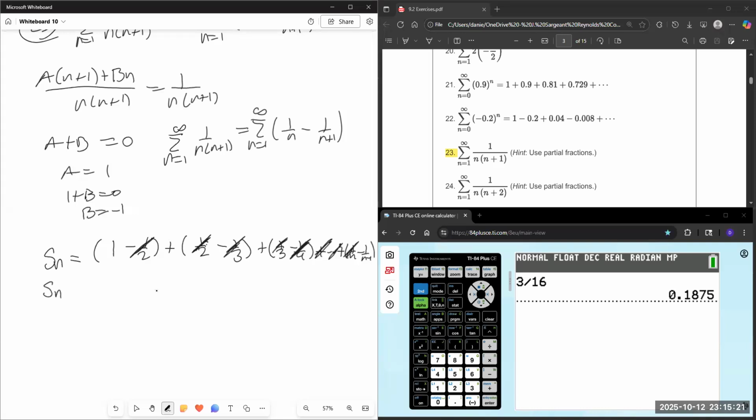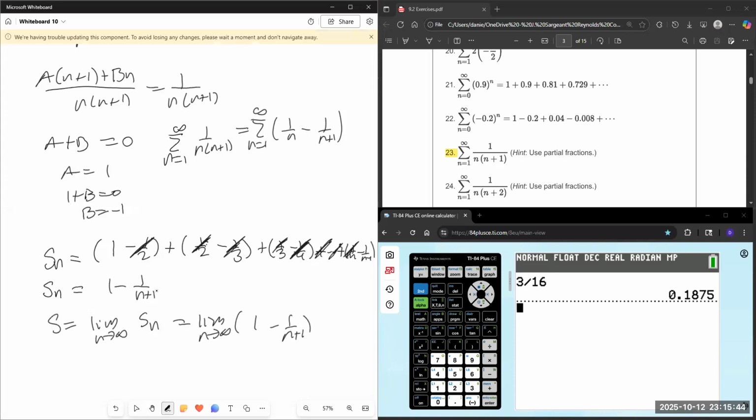My Sn is equal to 1 minus 1 over n plus 1. So my S is going to be the limit as n goes to infinity of Sn, which would be equal to the limit as n goes to infinity of 1 minus 1 over n plus 1, equals 1 minus 0, which is 1.